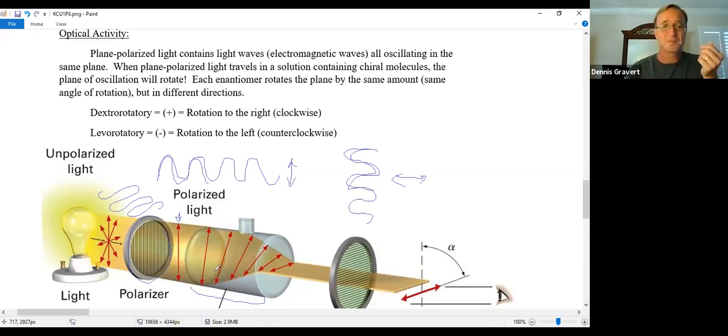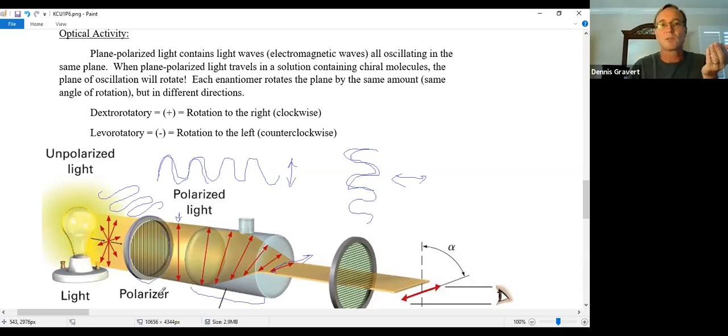So weird. I don't quite understand what's going on here, but if you put a chiral molecule in here, the light used to be bouncing up, down. As it goes through the solution or the pure compound, the light will actually rotate its plane of oscillation. So maybe now it started up, down, and it comes out left, right.